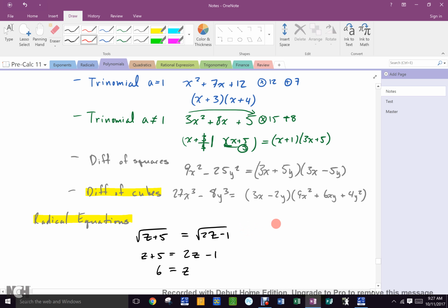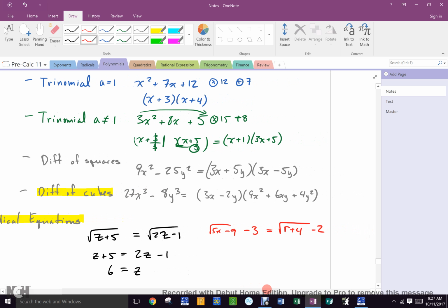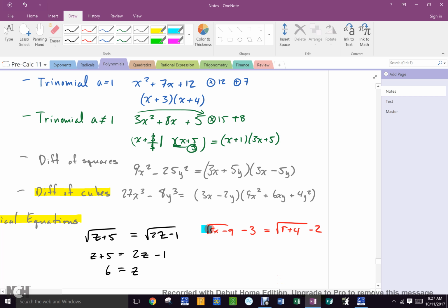Root of 5x minus 9 minus 3 equals the root of x plus 4 minus 2. Actually, that's your homework. The square root goes over the 9, and it goes over the 4. That's your homework. One question.